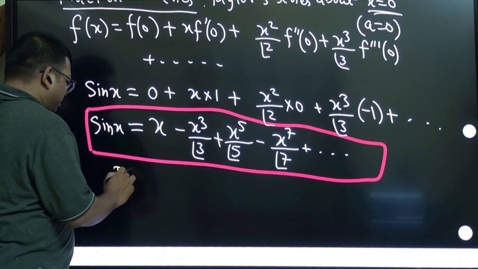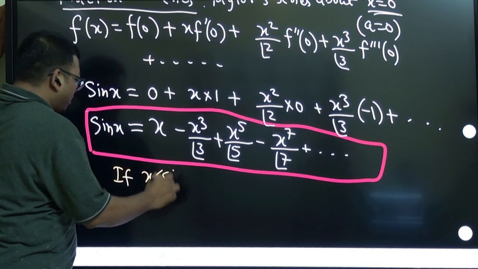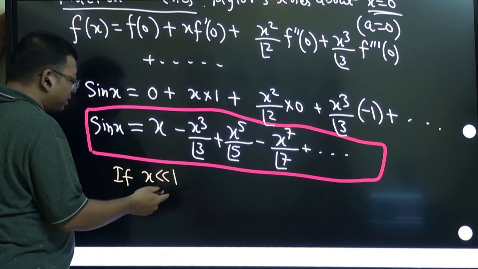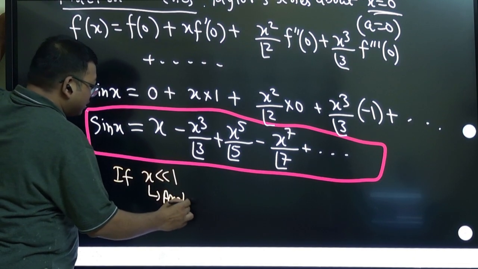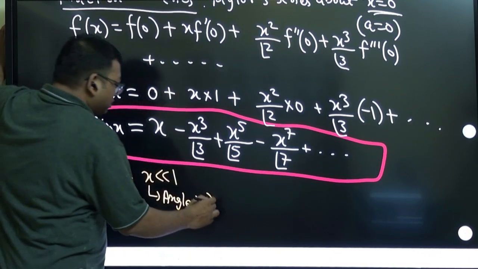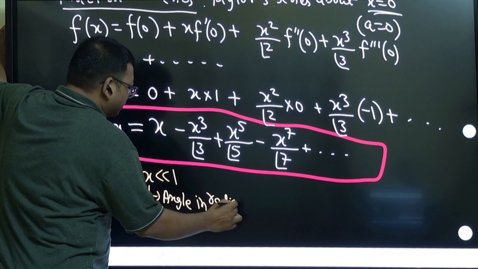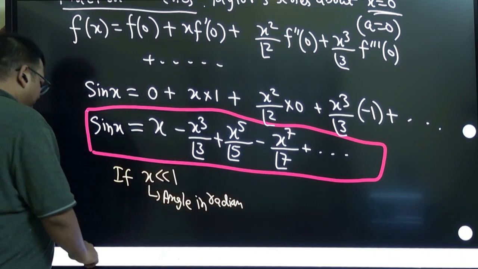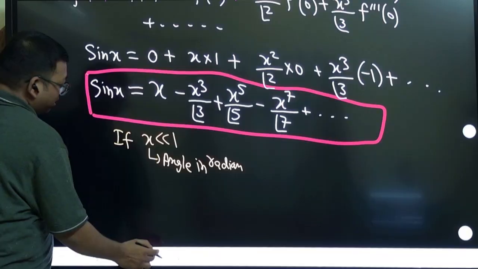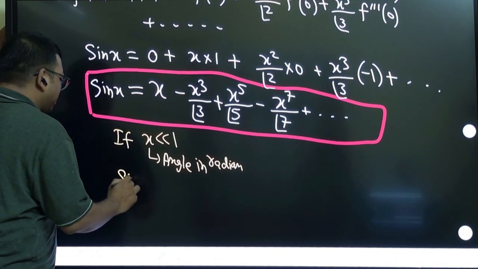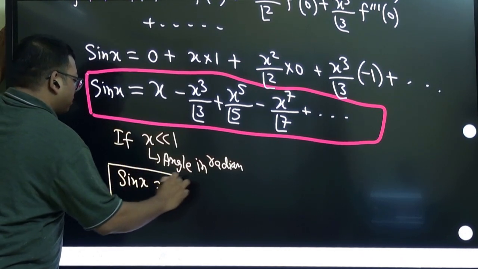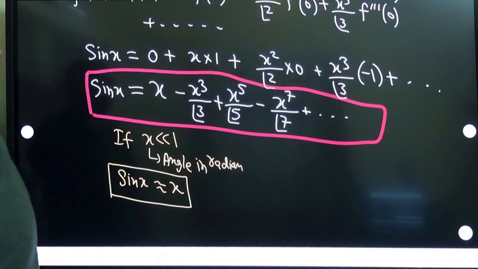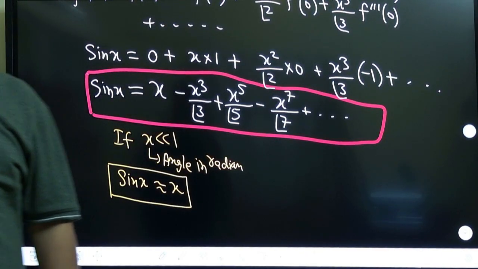And remember, x here represents the angle in radians, not in degrees. If that angle in radians is very small as compared to 1, then sin x can be approximated as x. That's what we do.